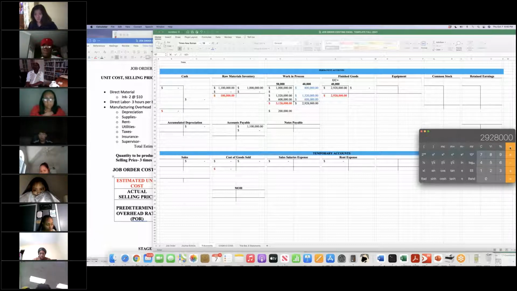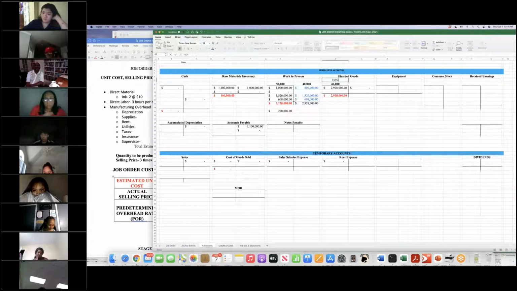$73.2. Now, how much did we plan for the books to cost? $68.